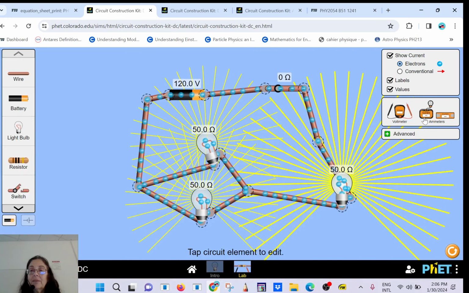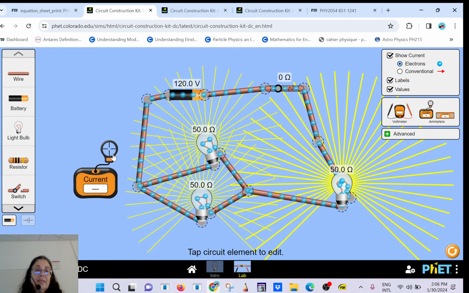So let's find the current. So you see, that will be the current drain from the power supply, 1.6 amps. So the current flows here. And then you have the same load on each branch. So what do you expect it's going to be?